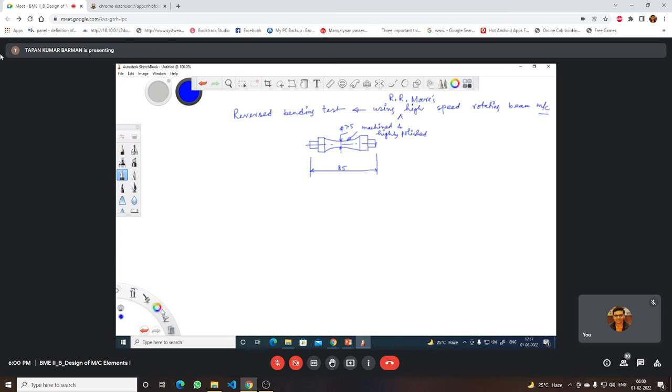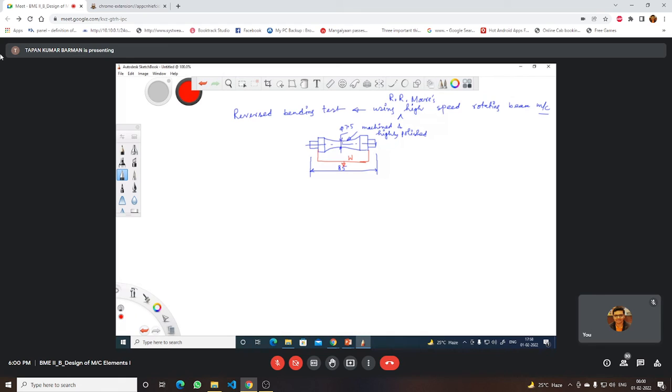Now the loading is important. We apply the load in such a way that you will experience only bending moment, a constant bending moment, and the maximum bending stress will be at the minimum cross-sectional area.